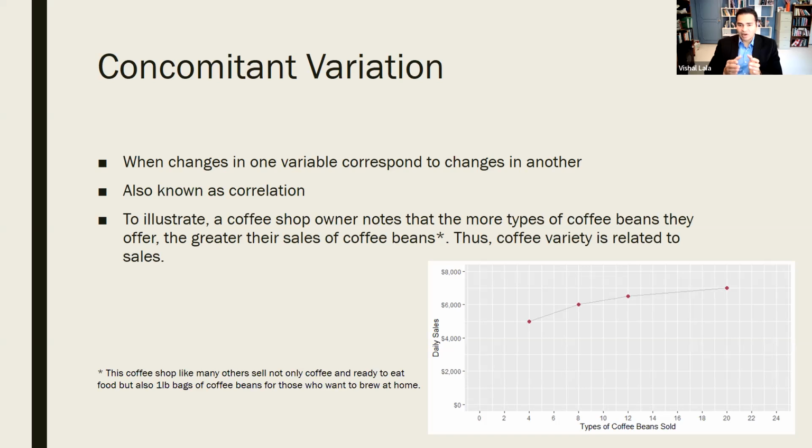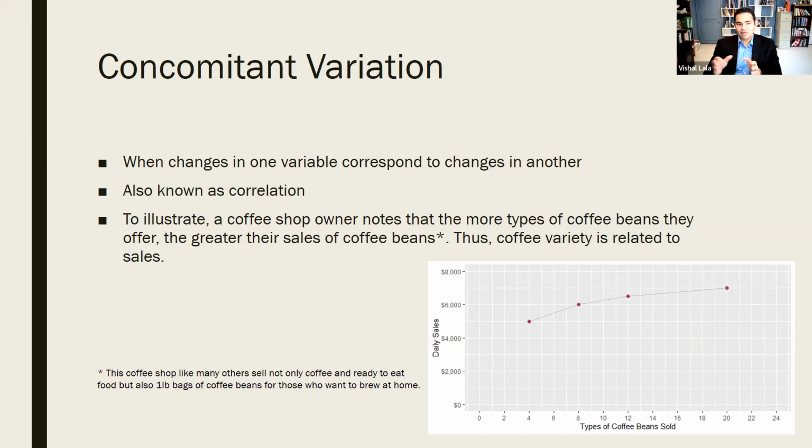When he increases the number of coffee beans offered in the store, his sales go up to $6,000. When he increases the number of options available to 12, sales move even higher, and at about 20 different types of coffee beans, his sales jump to $7,000 in daily sales.